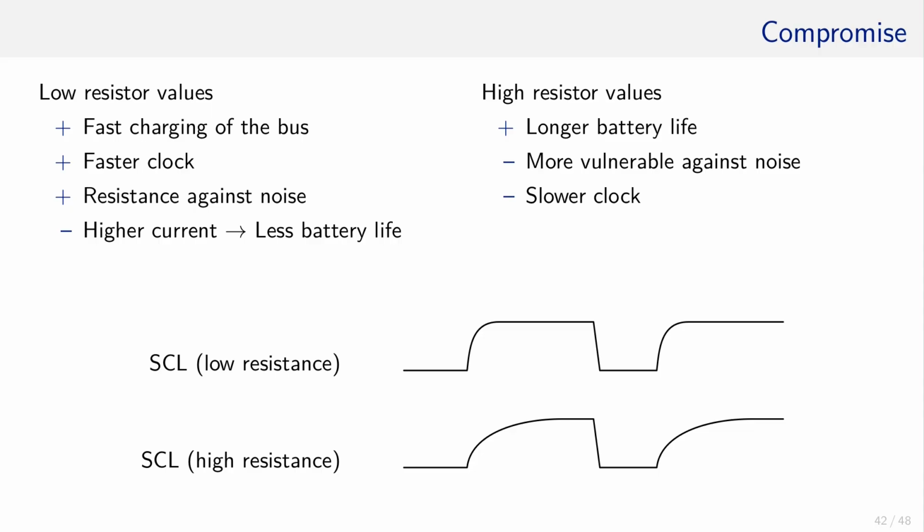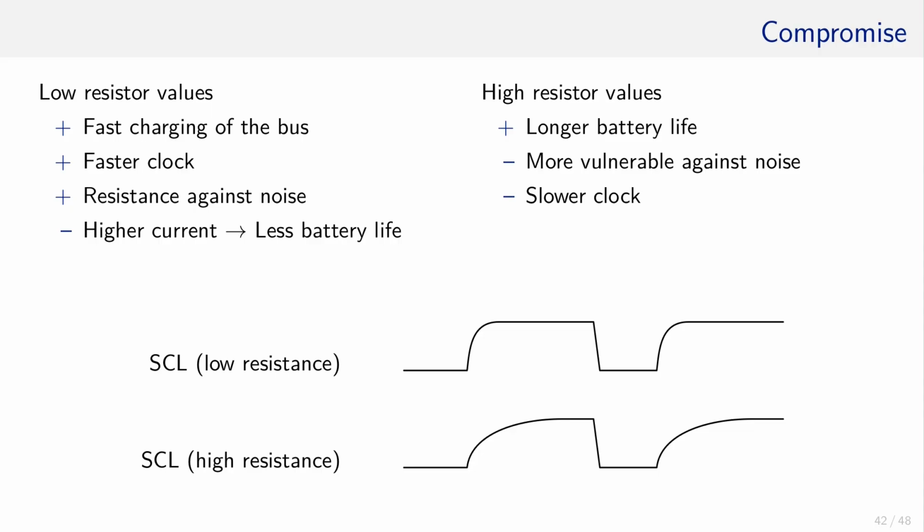But which one? A lower resistor value closest to the 1.5 kilo ohm ensures that the bus is charged a lot faster, and hence it supports a faster clock as seen in the upper waveform. External noise does not affect the bus much, since any loss in charge is replenished almost immediately. However, as we saw, it also results in a higher current, meaning if the system runs off a battery, it is drained faster.